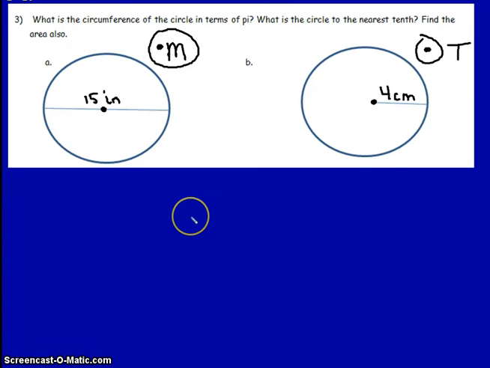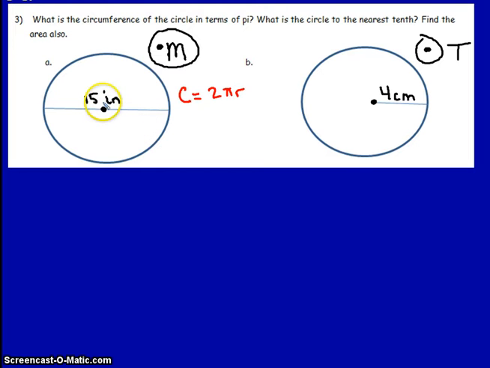For number 3, we have to use our circumference formula. It says what is the circumference in terms of pi, and then also in terms to the nearest tenth, which is decimal. And also we have to find the area. And so to find our circumference is 2 pi r, where r is the radius.